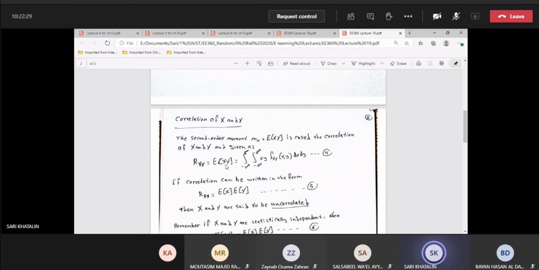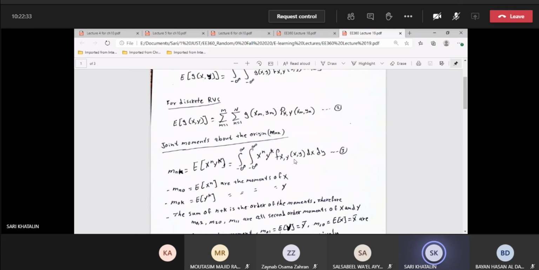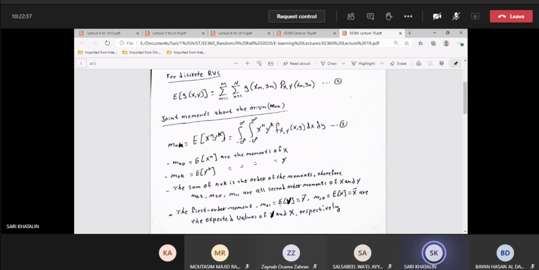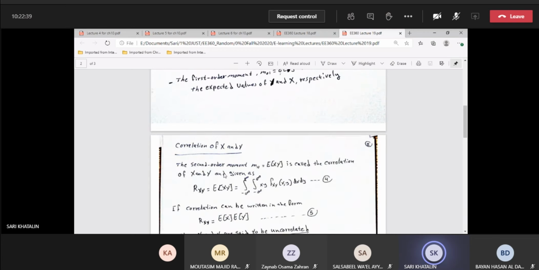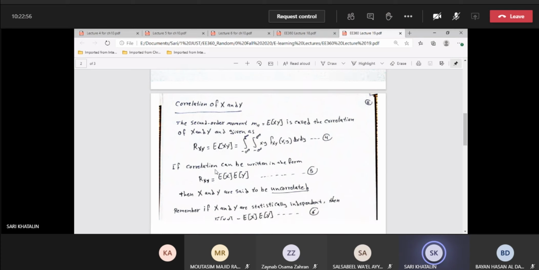And how you find this, of course, is by using the expression in equation 3, where you set n to 1 and k to 1, and you do the integration. So this is basically the correlation. We're going to refer to the correlation between x and y as r subscript x y, which is the expected value of x and y together, multiplied by each other.